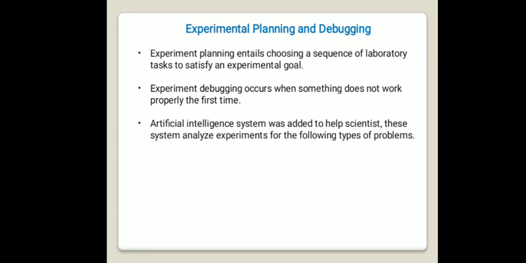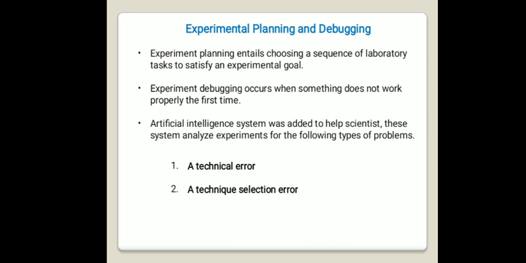An artificial intelligence system was added to help a scientist analyze the faulty experiment for the following three types of problems. First, any technical error. For example, the scientist may add too much salt or not run the centrifuge at the correct speed.